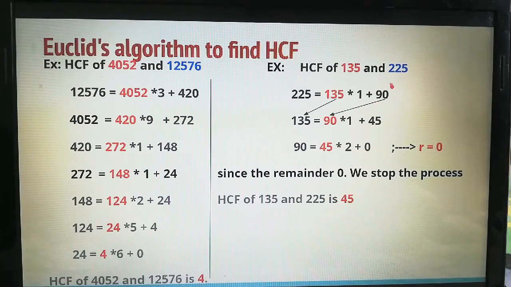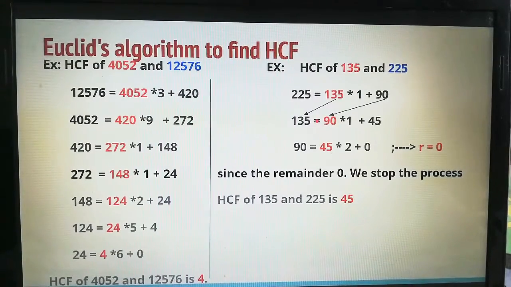Since the remainder is not 0, we will do the same process again by taking 135 as a and 90 as b. If we do it one more time, we'll get 1 times 90 plus remainder 135 minus 90, which is 45, which is not 0.